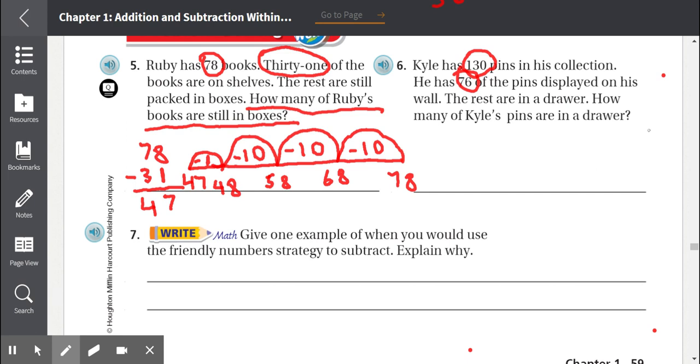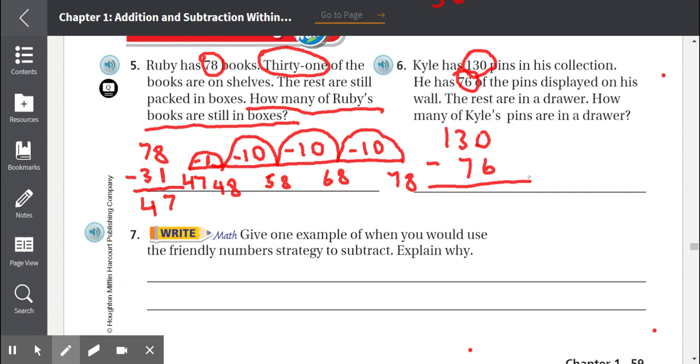So let's see. We have 130 minus 76. Let's start with the ones place. 0 minus 6.